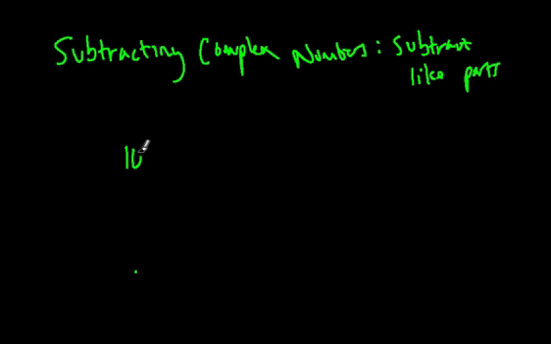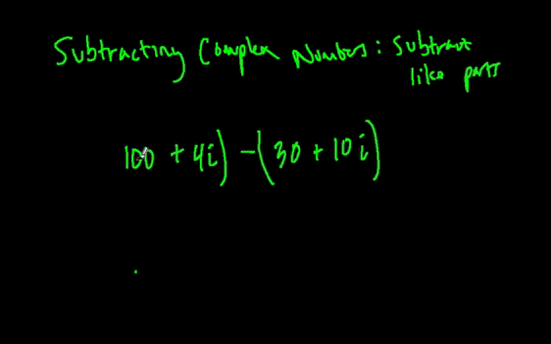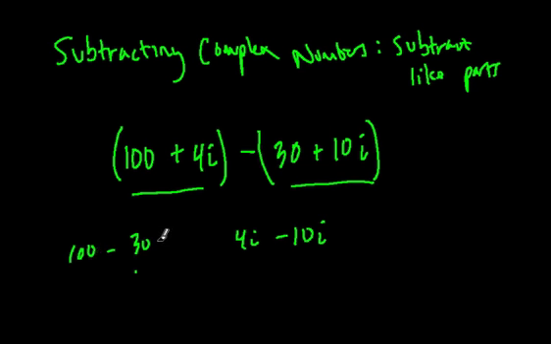So if we had 100 plus 4i, and then we're subtracting from that 30 plus 10i, we're taking 10i from 4i, and then we're taking 30 from 100. And we'll put those two together. So 100 minus 30 is going to be 70.